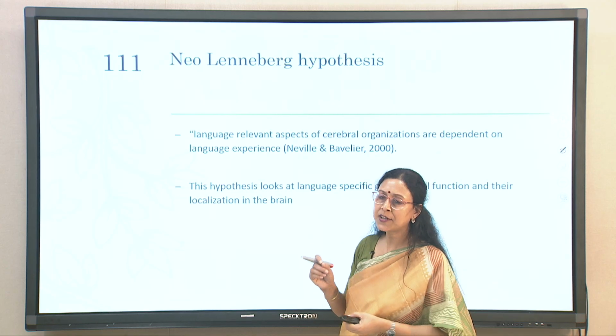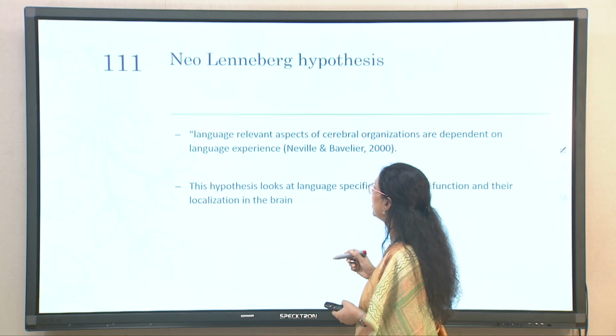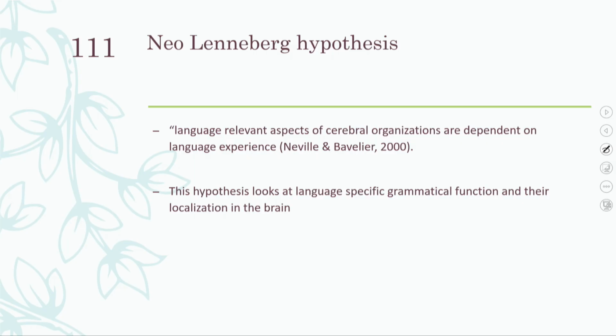The softer version says that language-relevant aspects of cerebral organization are dependent on language experience. It is not that everything starts from the beginning, everything similar. They say that language experience has some role to play with respect to cerebral organization.